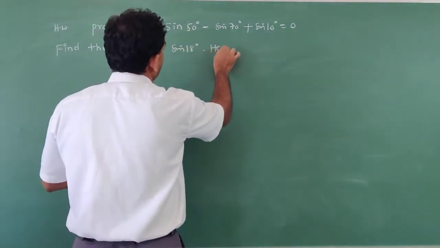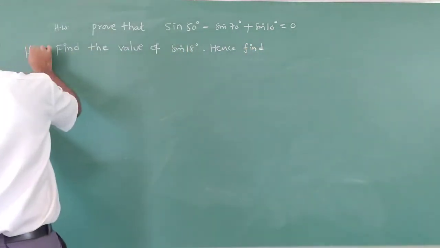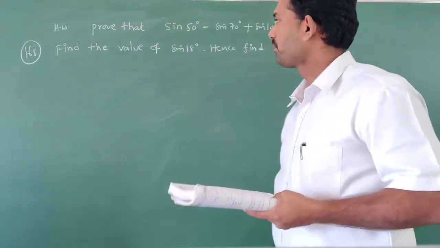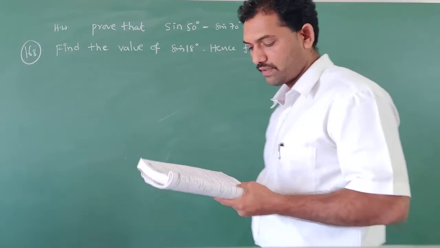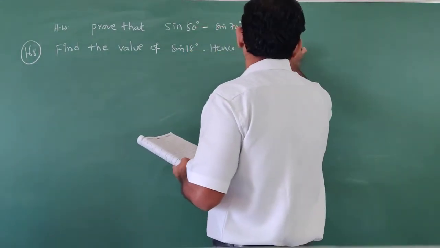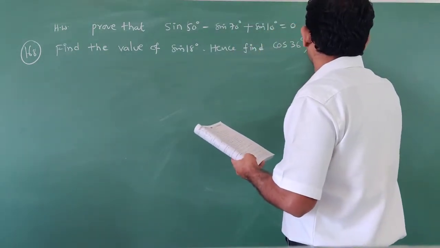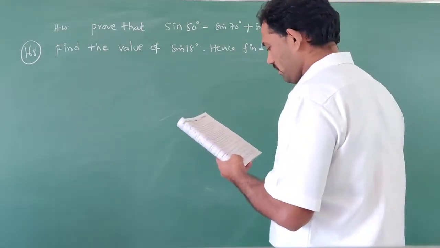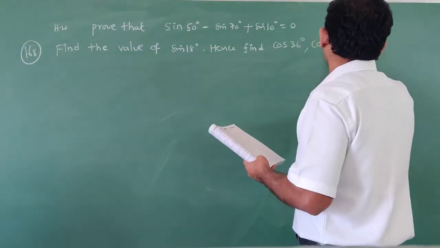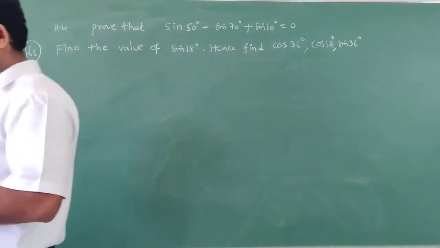Hence find cos 18 degrees, sin 36 degrees. Simplify this. It is question number 168 in your material, page number 89.